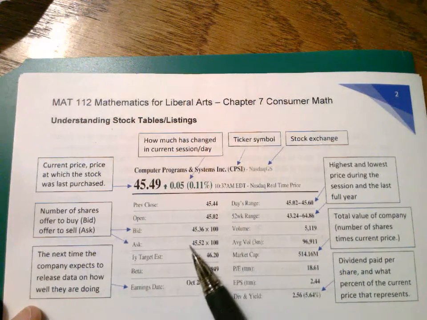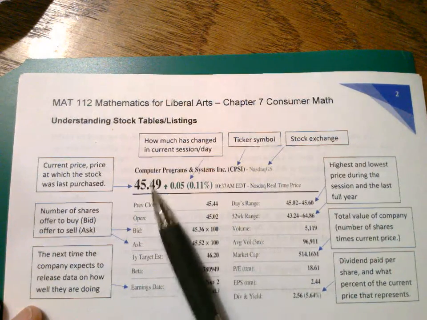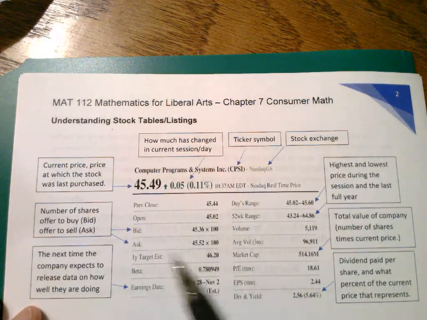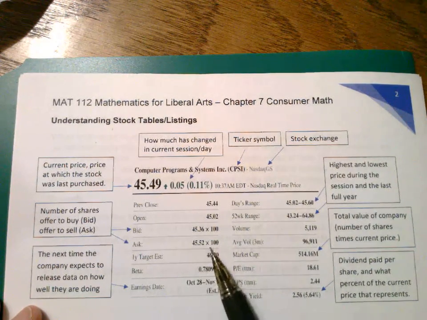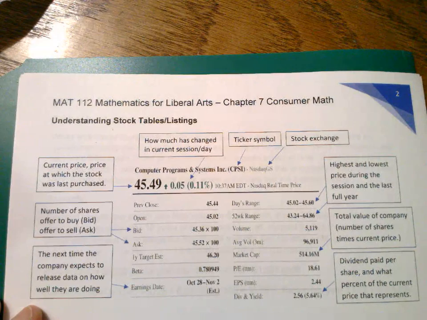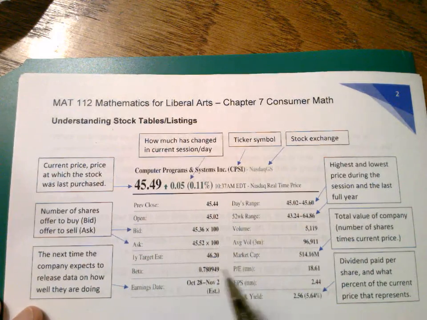This is what someone is offering to buy for, so a little less than current price. Someone is asking to sell it right now at 52. Okay, so they think it's going up and they think somebody might pay 52. That would make it be the last number sold.